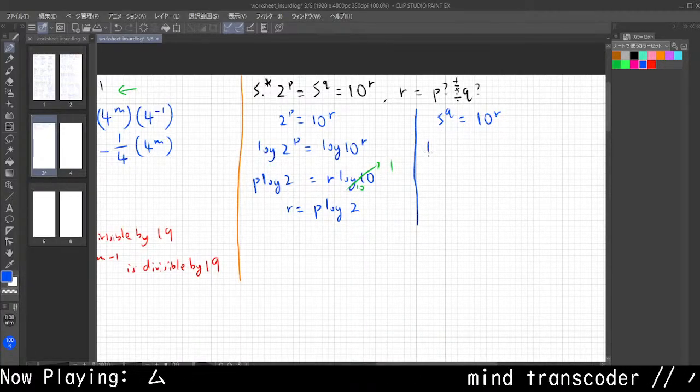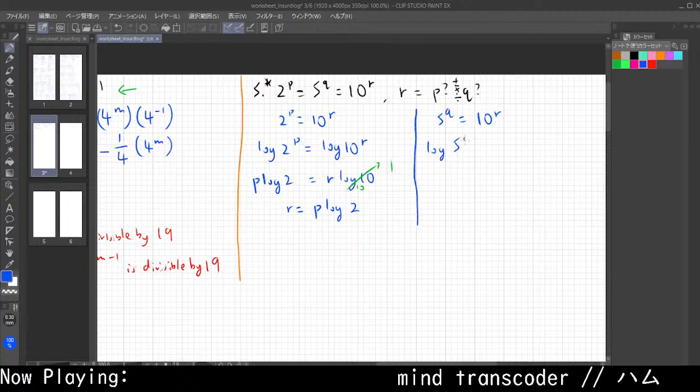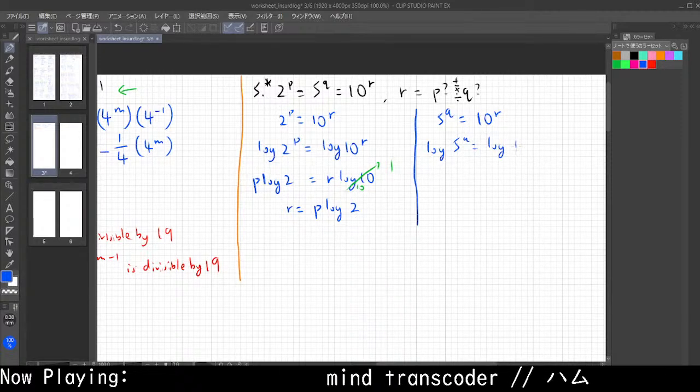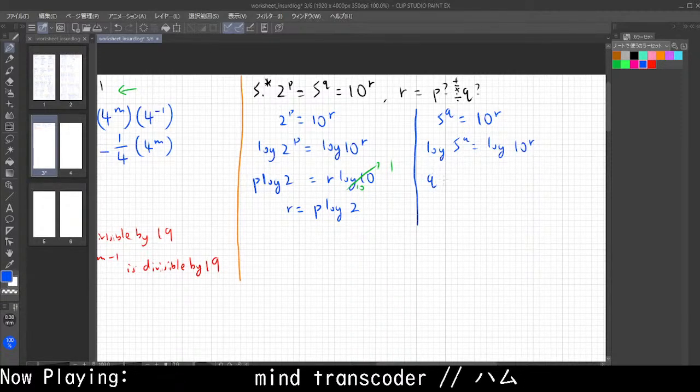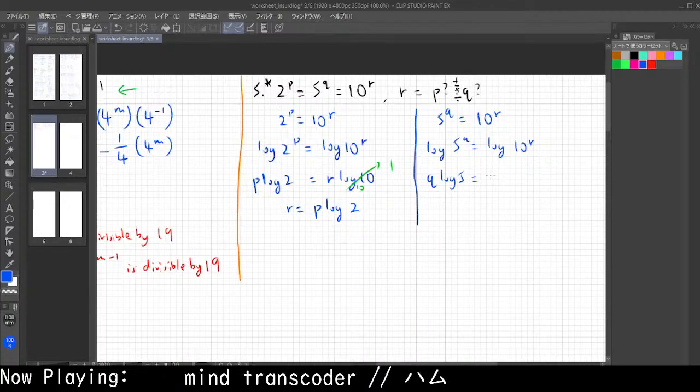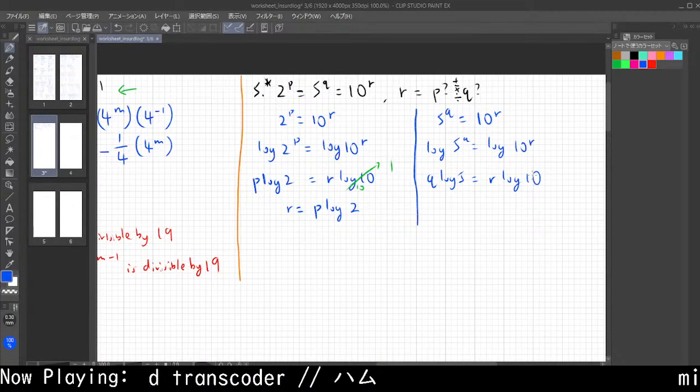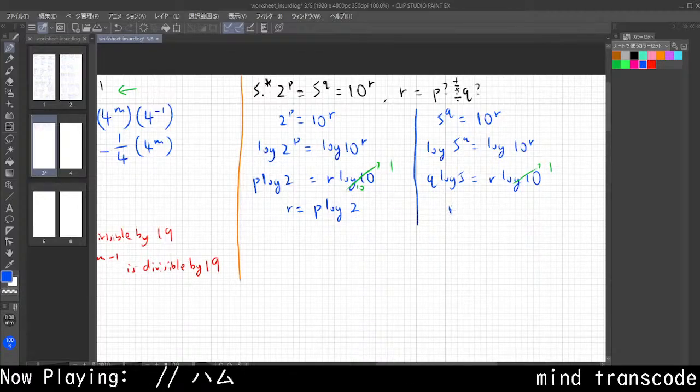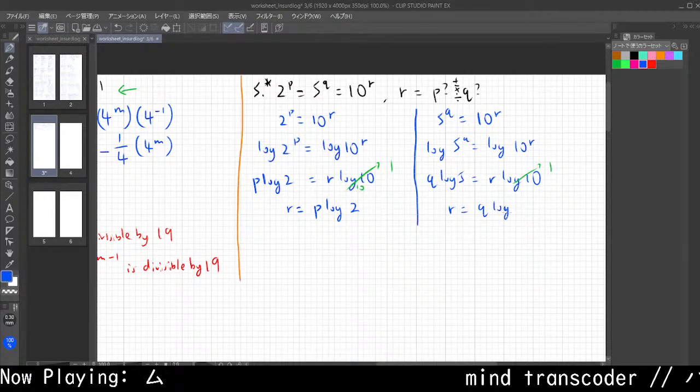So I can do the same thing. Add log to both sides, bring the powers to the front. Log base 10 of 10 equals 1. So I have r equals q log 5.